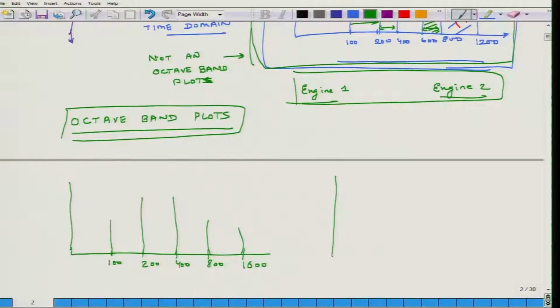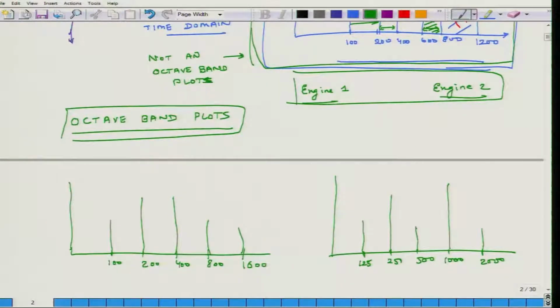Another possible octave band plot could be 125, 250, 500, 1000, 2000. This is another octave band plot, because here also the frequencies at which we are plotting noise are separated by an octave.